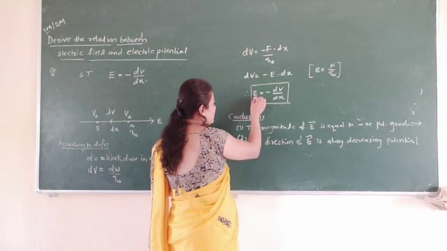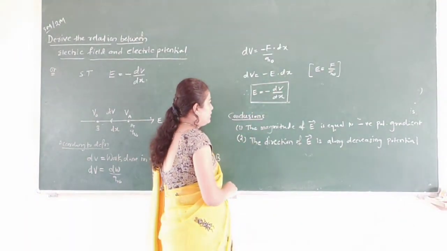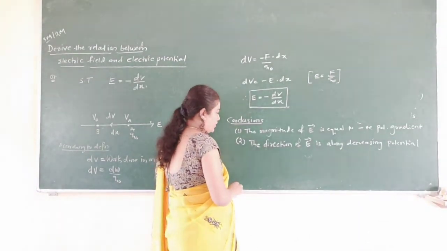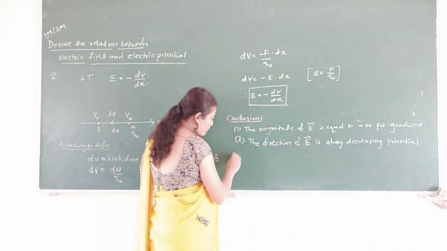So you can define electric field using this also. Electric field is defined as the negative potential gradient at a given point. So another definition we will write.